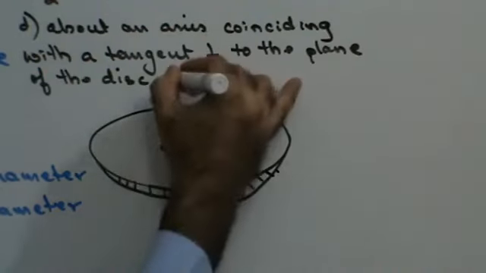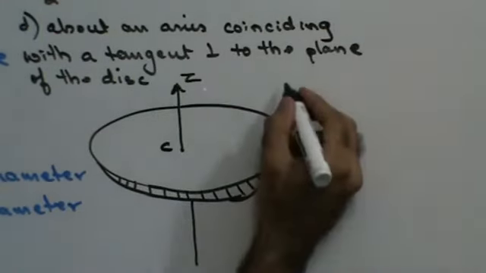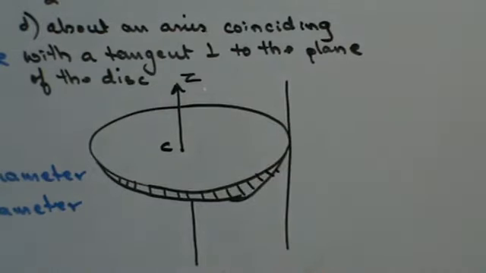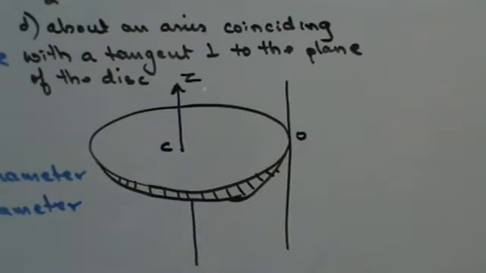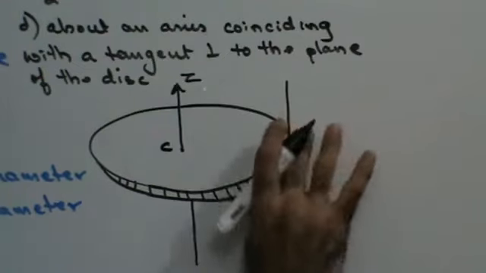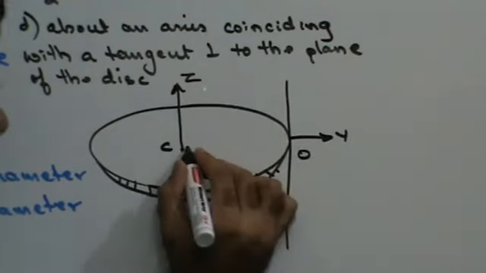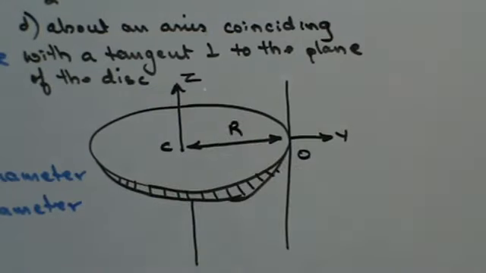This is your z axis. I want to find the moment of inertia about an axis which is parallel to the z axis and is a tangent to the disk. Let's assume that it is tangent at point O. This is the y axis. This distance we know is nothing but the radius of the disk.